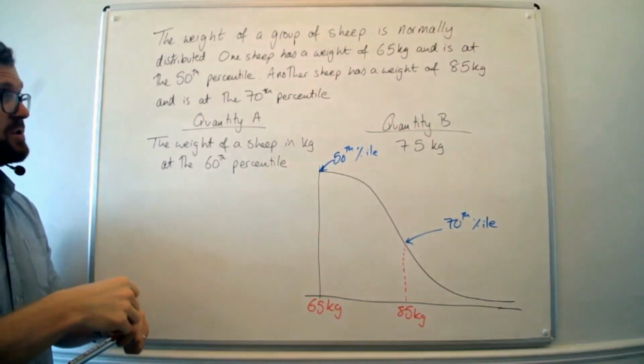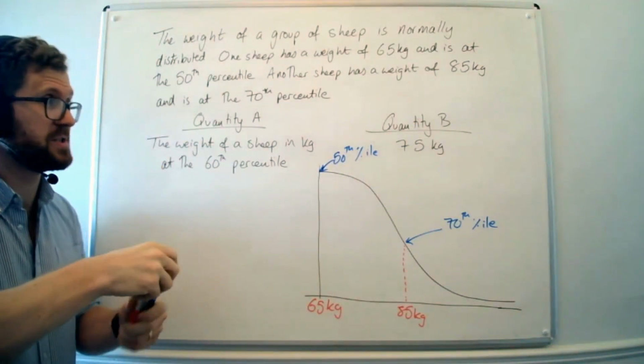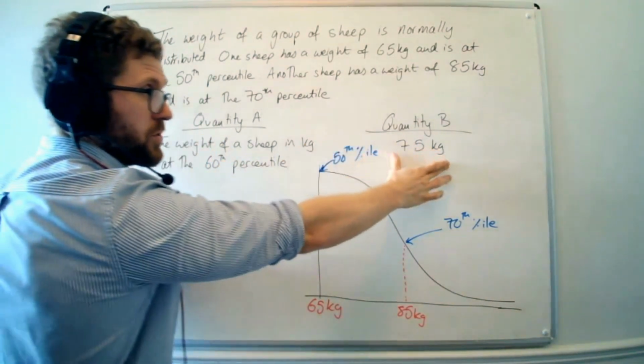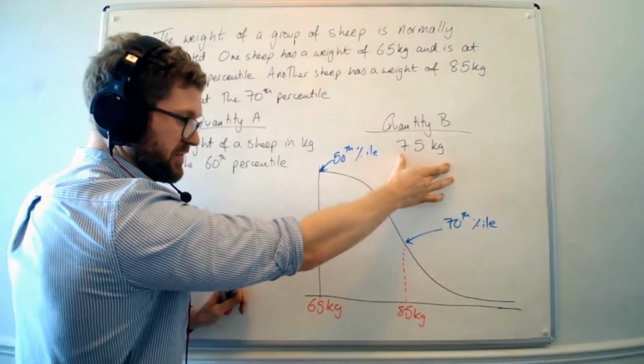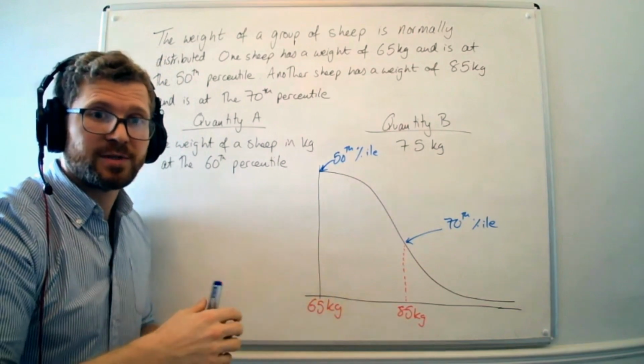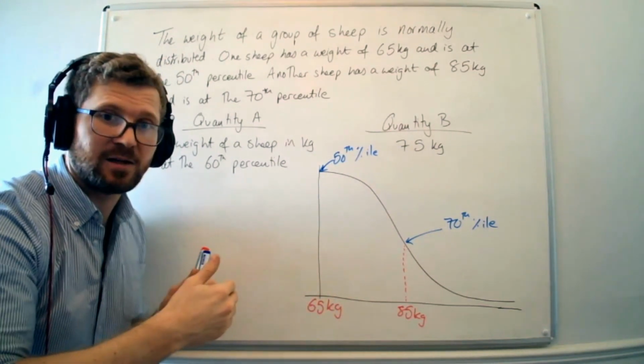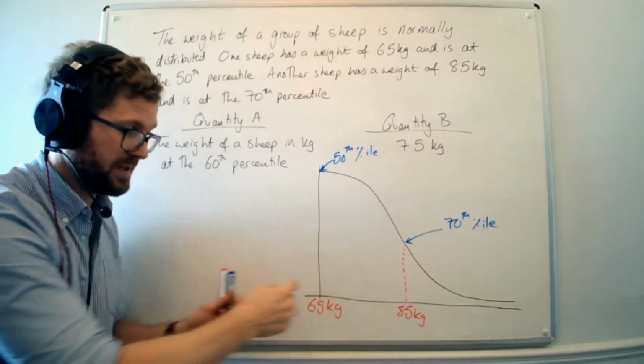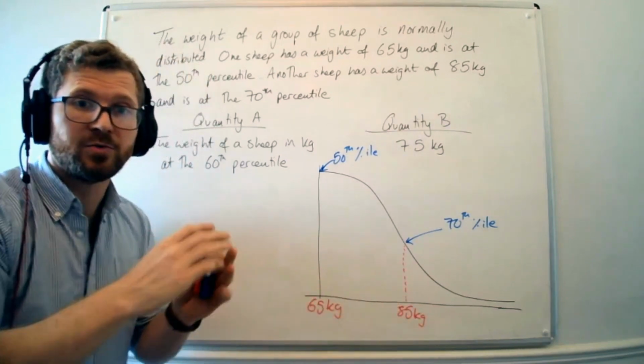And now this quantitative comparison question says which is bigger. Quantity B is a bit easier to interpret, just 75 kilograms. I've got 65, I've got 85. The way that the normal distribution works here, the scale on the bottom, as you move left to right, goes up linearly.